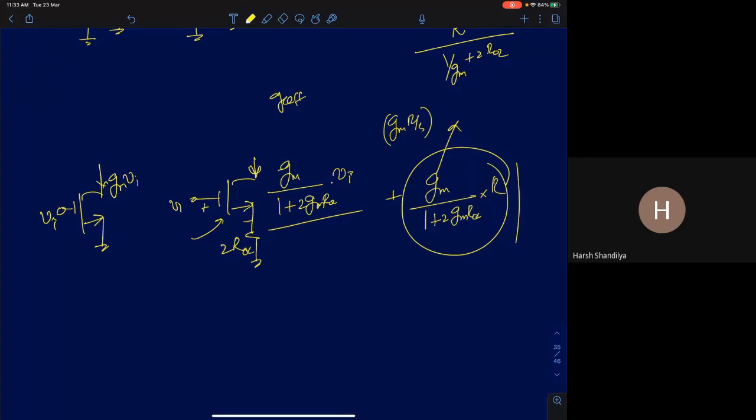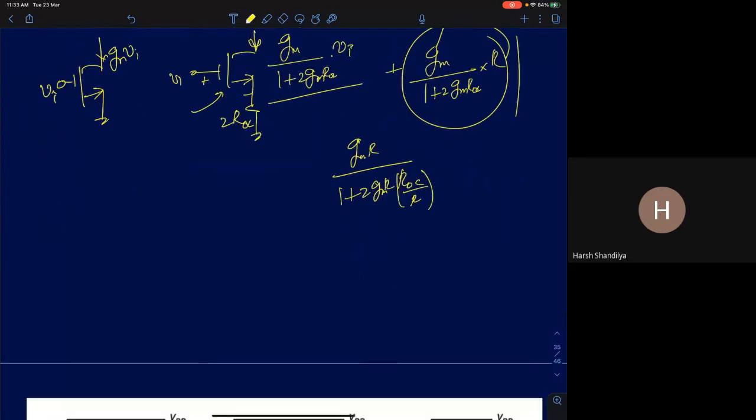You'll keep increasing your output resistance. Look at this GM R divided by 1 plus 2 GM ROC upon R into R. So I'll write it this way. This expression can then be written as the differential gain AD upon 1 plus 2 AD into ROC upon R. Or I'll take 2 here, so 2 ROC upon R. You get an expression like this.